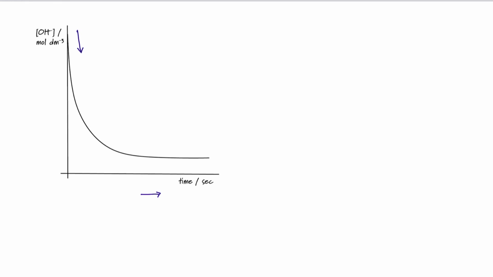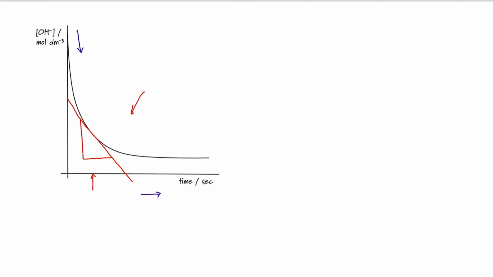Let's say I would like to know the rate of the reaction at this particular time here. So I would draw a tangent to the curve at that particular time. And then if I calculate the gradient or the slope of that line, that will give me the rate of the reaction.